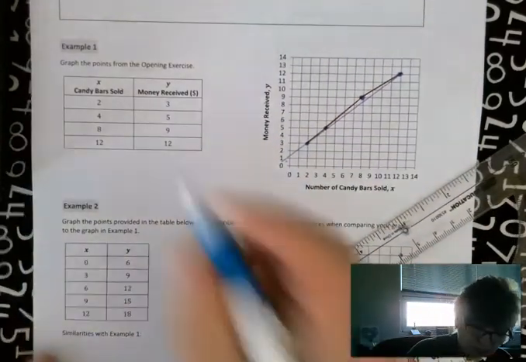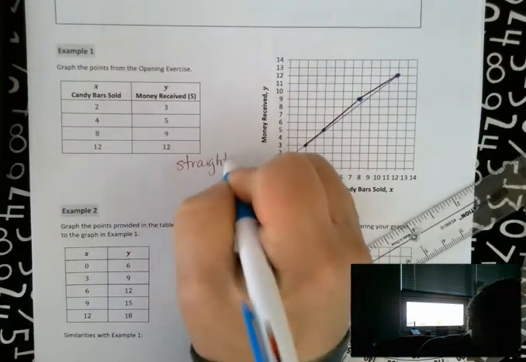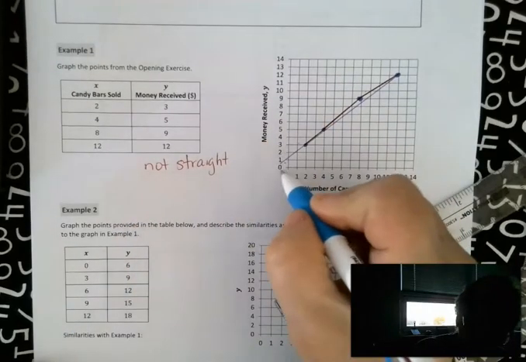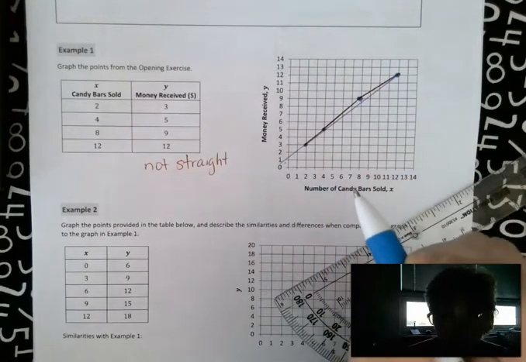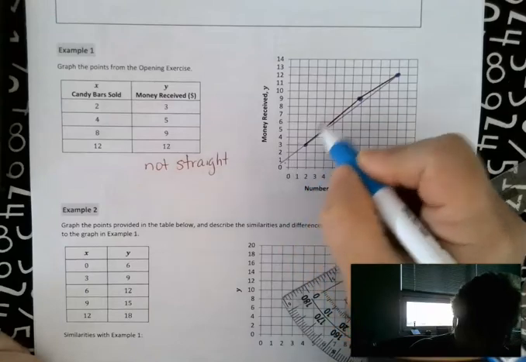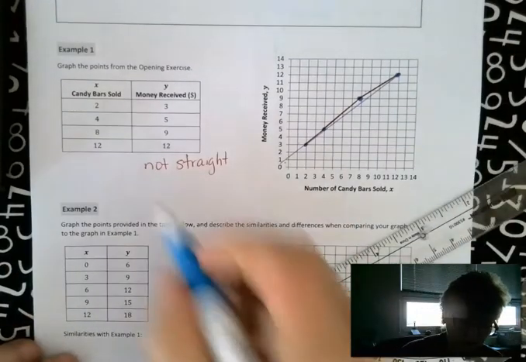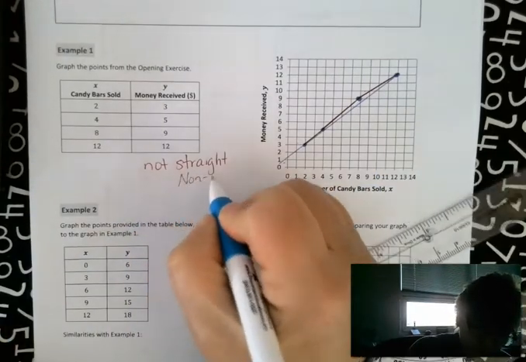Therefore, it is not proportional. So it is not straight. And based off of how we graphed it just then, we don't know if it's going through 0, 0. I could have connected this way. Many ways you could draw lines, but it is not a straight line, so it is non-proportional.